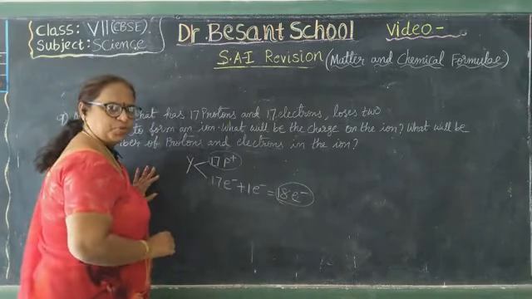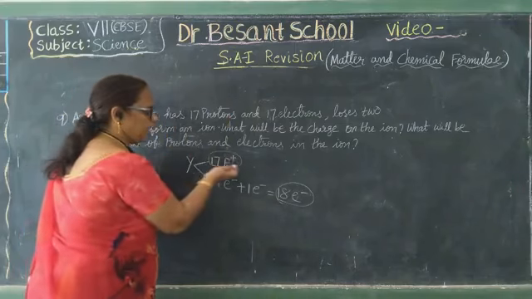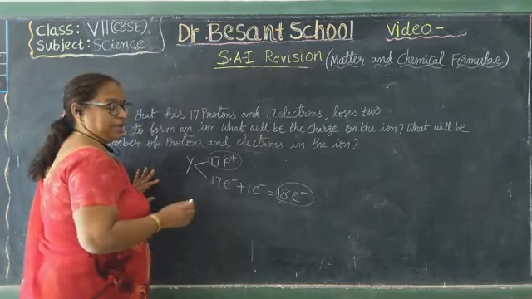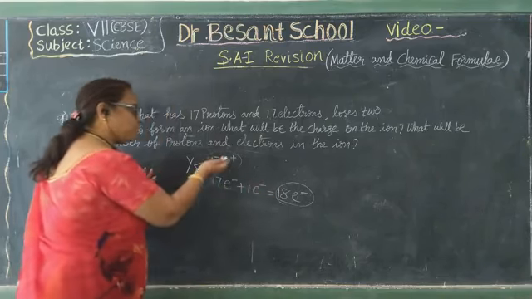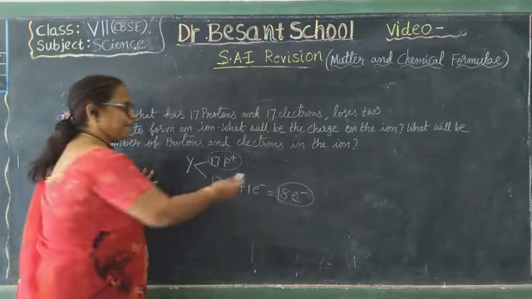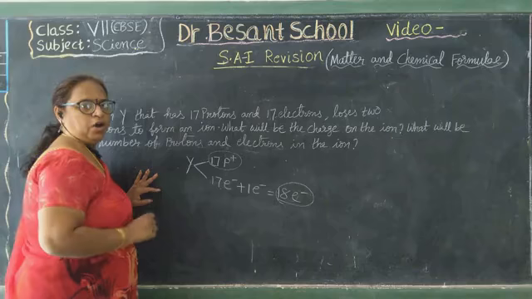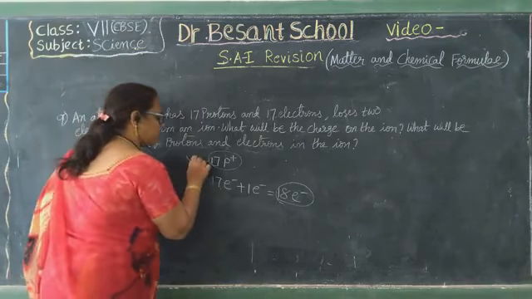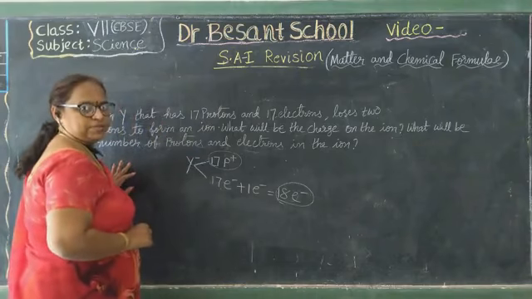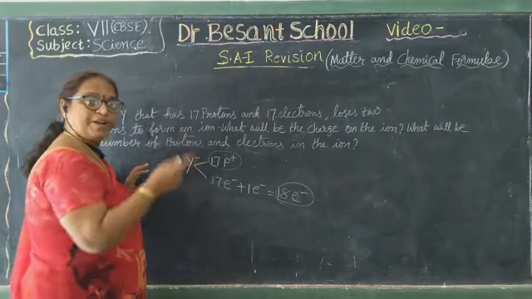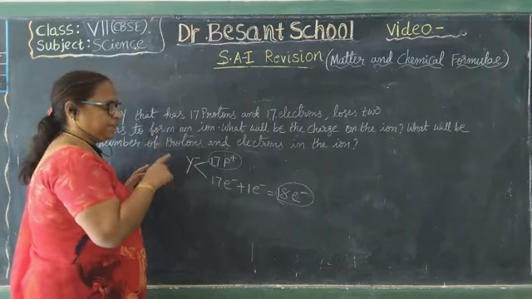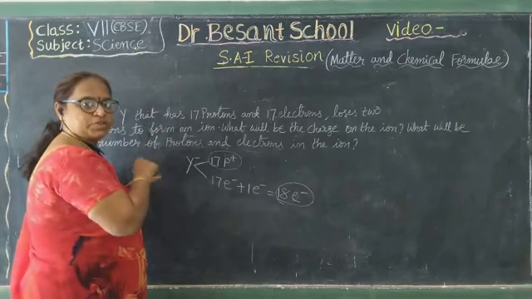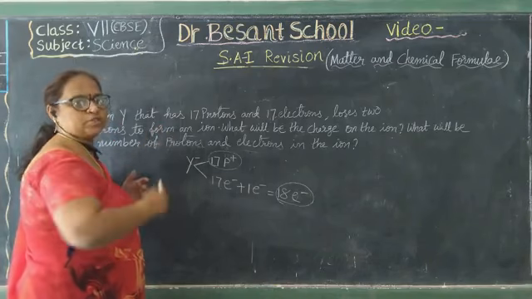So which charge is more? Sorry, negative charge particles are more than positive charge particles. It is 18 and it is 17. How many negative charge particles are more? 1. So this ion will have negative charge, Y minus. Before, when it lost the electrons, it got a positive charge because positive charge protons are more.